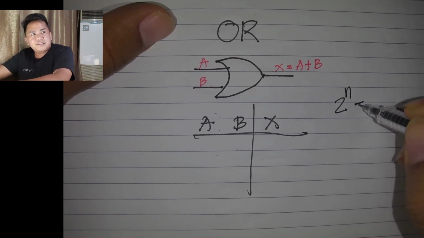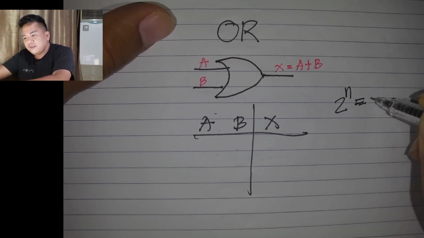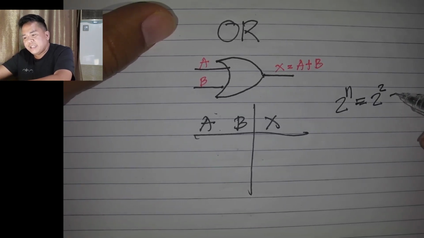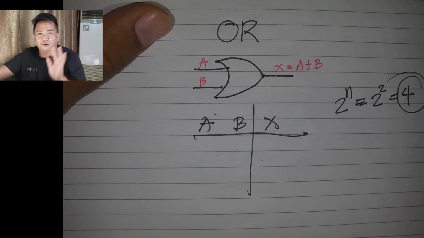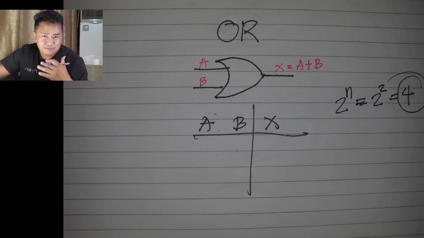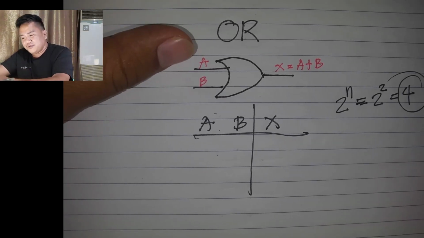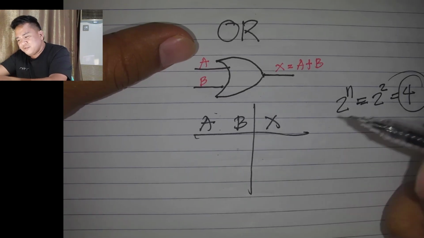Since we have 2 inputs, 2 raised to 2, the answer is 4. So there are four possible input combinations.